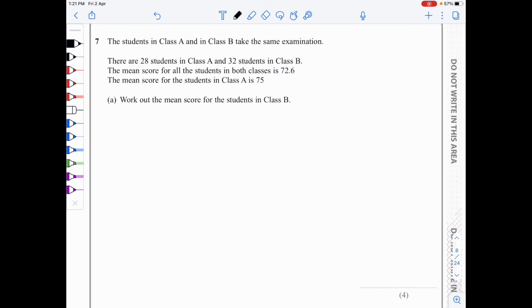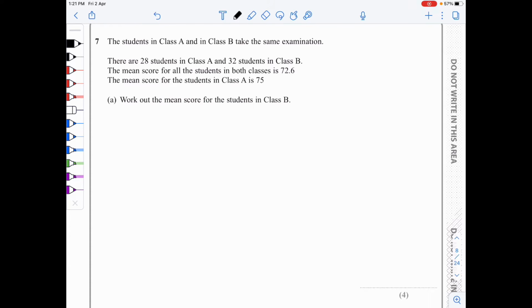In 7, we've got class A and class B, the number of students in each class, and the mean score for all students being 72.6, and the mean score for class A being 75. So we know that to find the mean of class A, we added up all the values.